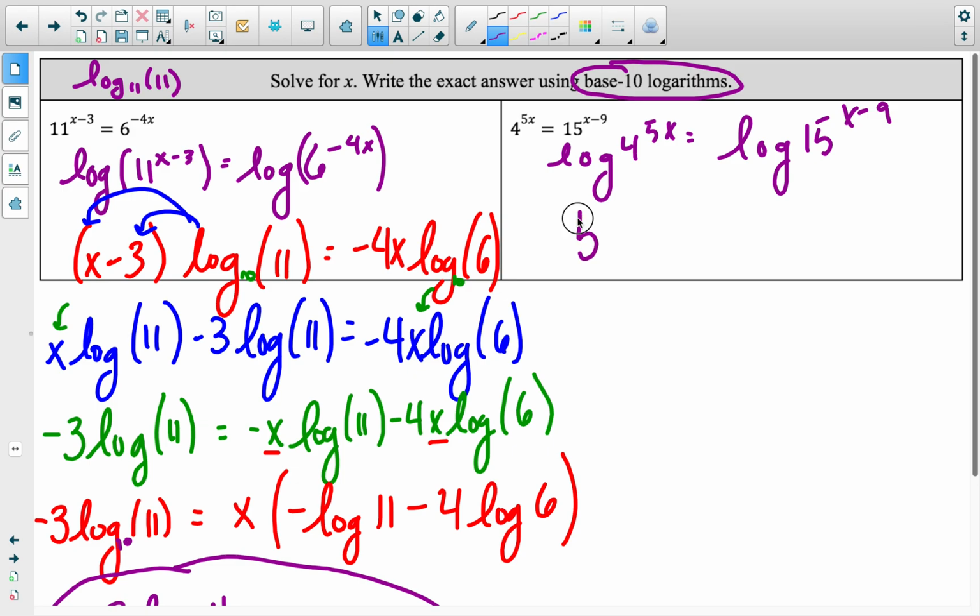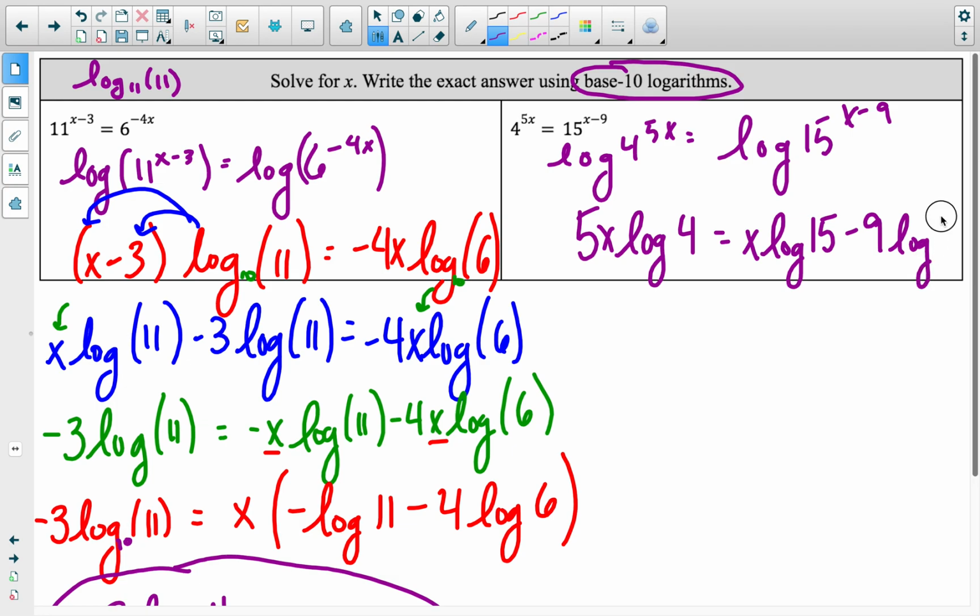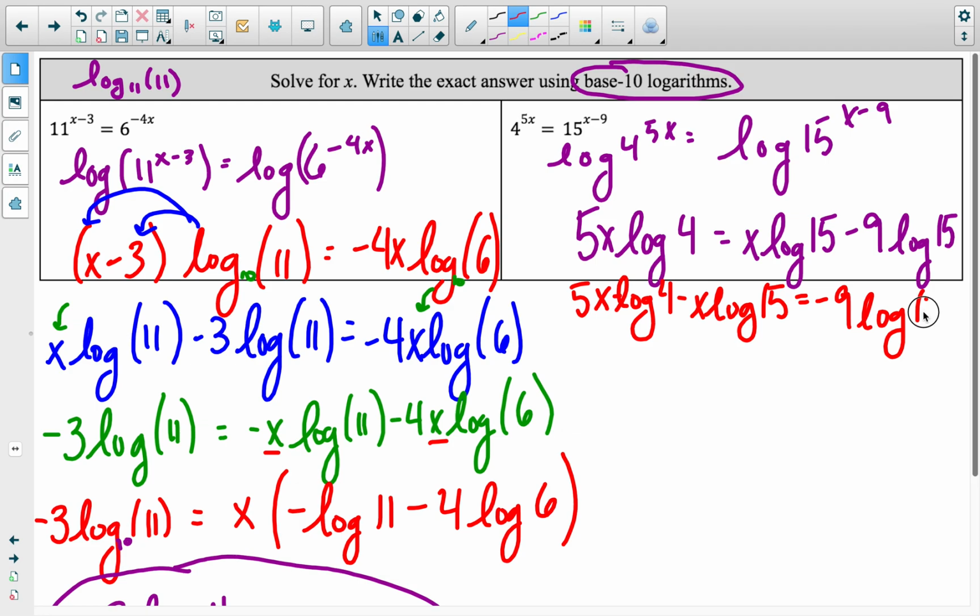Okay, you end up with 5x log of 4 equals x minus 9 is going to be multiplied by this log 15, so I'm just going to do that in one step. x times log of 15 minus 9 times log of 15. Okay, get your x's on one side, so we have 5x log 4 minus x log 15 equals -9 log of 15.